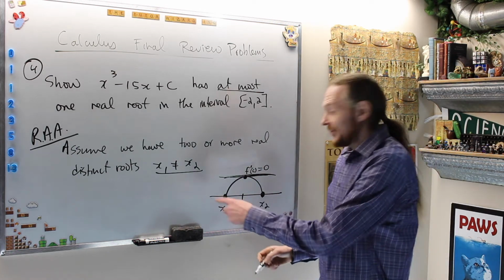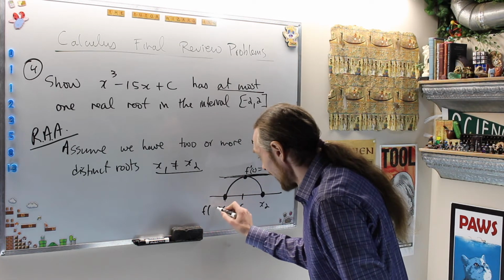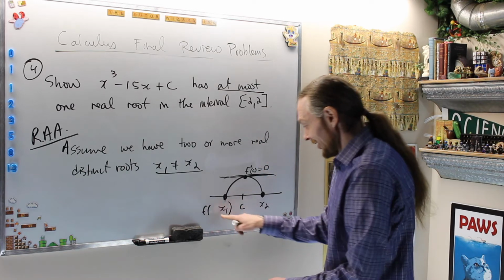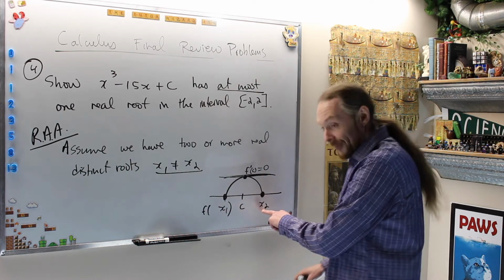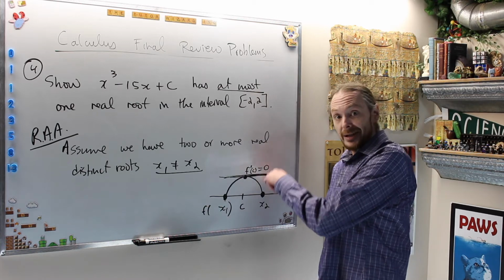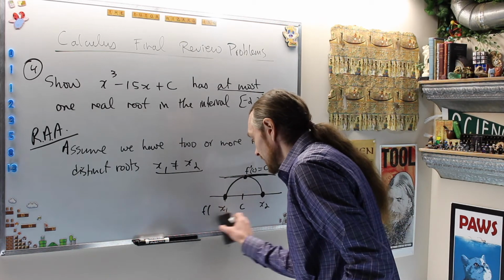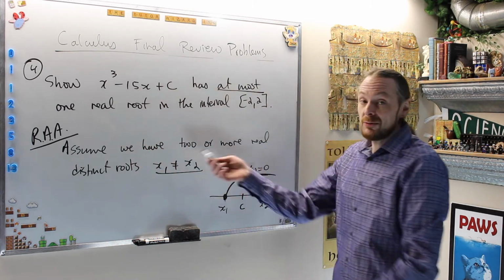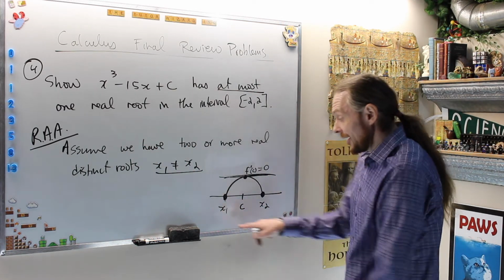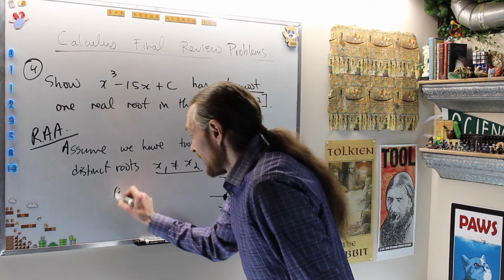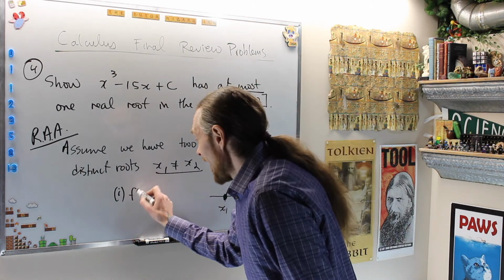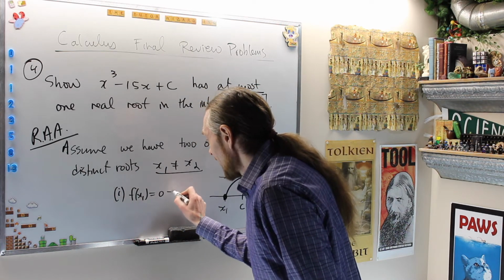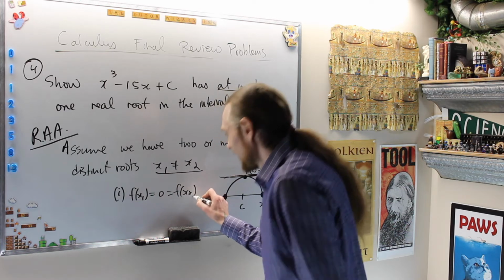Now this is confusing because we're talking about our function being 0 here at this point, and then our function being 0 here, and then our derivative being 0 here. Let's recap that one more time. I'm assuming that I have two or more real roots. And now this is the picture. One, Rolle's theorem says f of x1 has to equal f of x2, and they do because cleverly they're both roots.